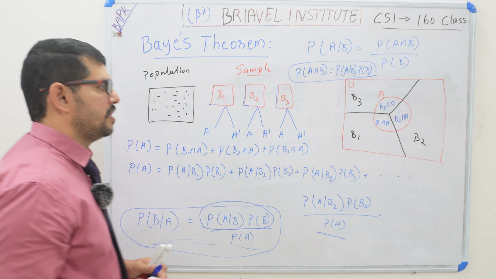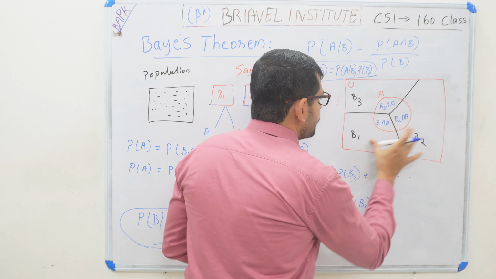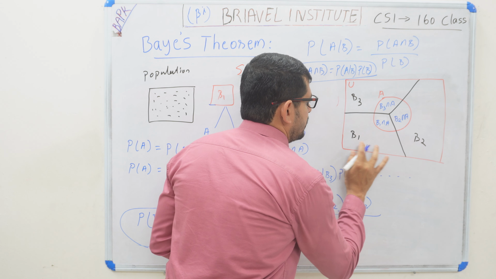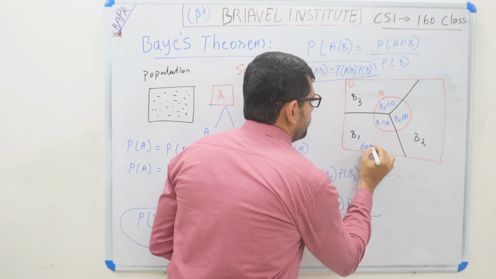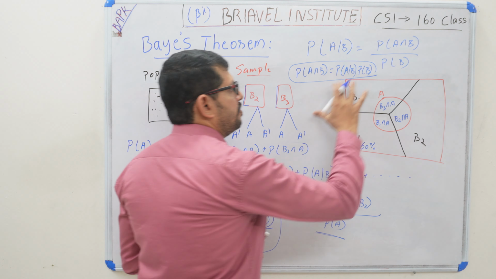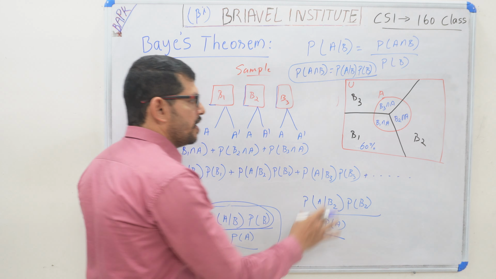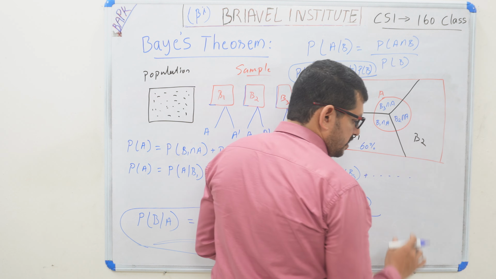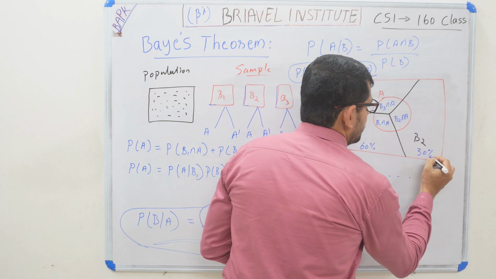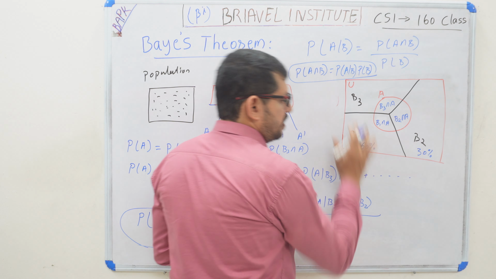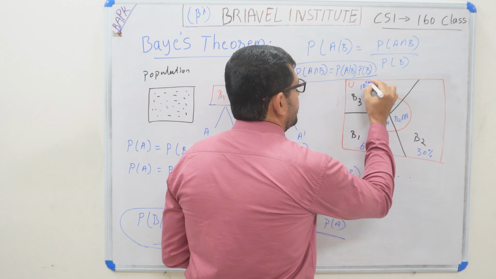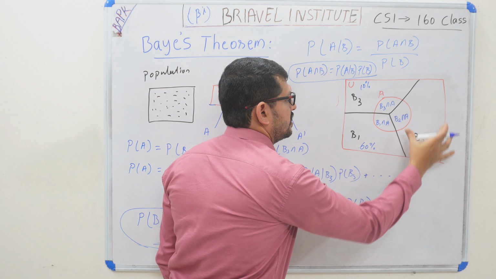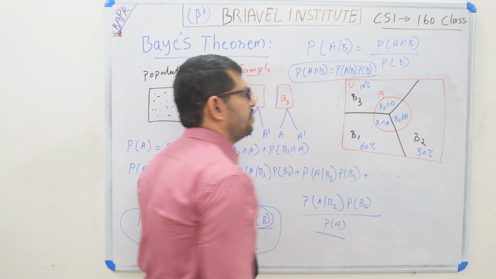What are the chances of each supplier? B1 supplies 60%, B2 supplies 30%, and B3 supplies the other 10%. So the probability of B1 is 60%, B2 is 30%, and B3 is 10%.